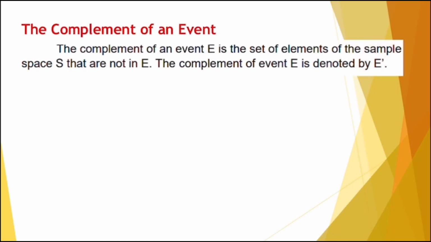Now, let's proceed to the complement of an event. The complement of an event is the set of elements of the sample space, S, that are not in E, the event. The complement of event E is denoted by E apostrophe, read as complement of E, or E prime, and is the set comprising all the outcomes in the sample space that are not in the event.